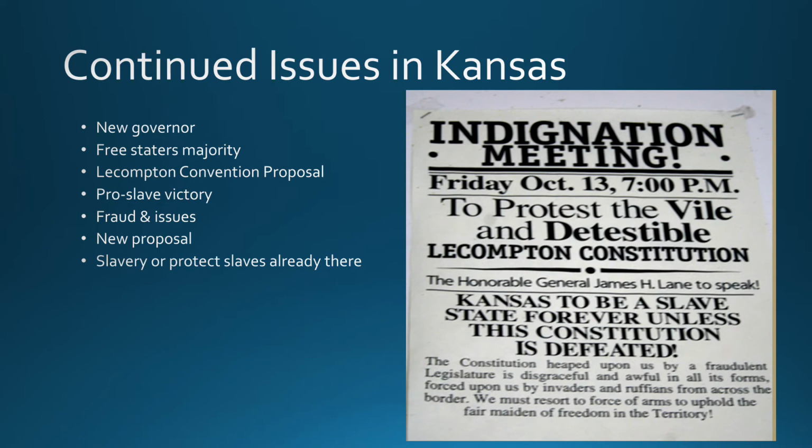Now the Free Staters are very angry and upset because they're saying, listen, this isn't the way it's supposed to go. It's not supposed to be 100% slavery or 50, 75% slavery. It's either supposed to be slavery or no slavery, so that's what we need to vote on. So they will decide to boycott the election as they see this as being extremely unfair. The governor of Kansas at this point, again, is in a tough spot for so many reasons.